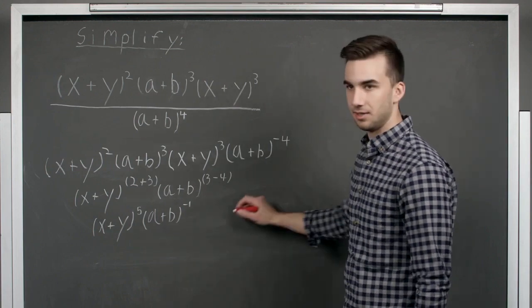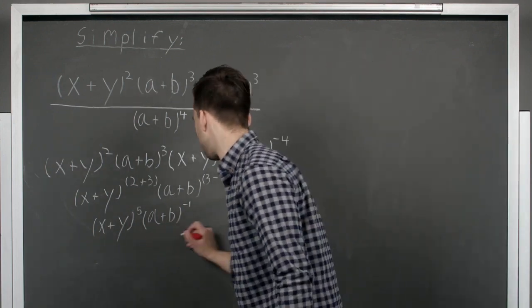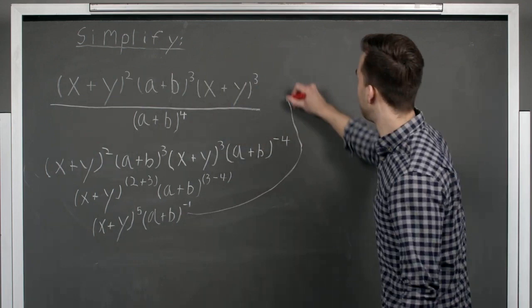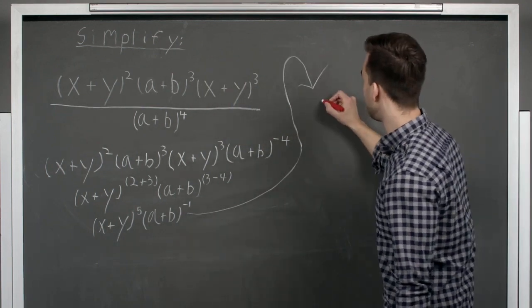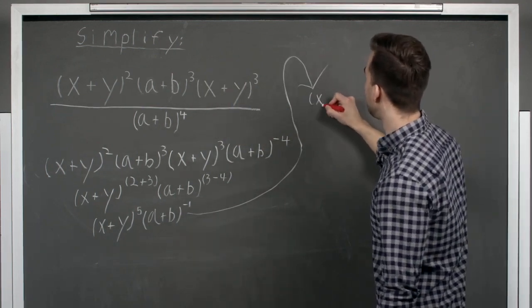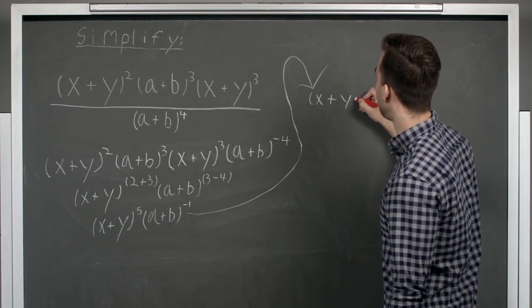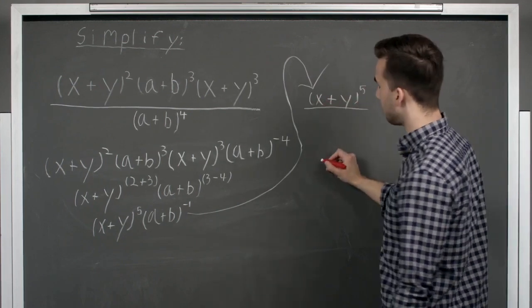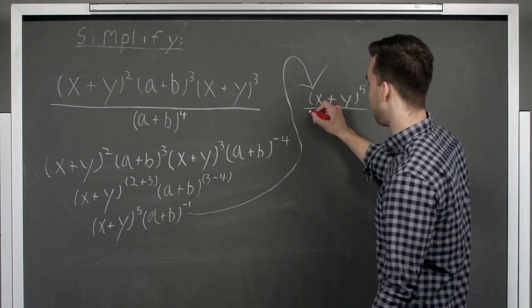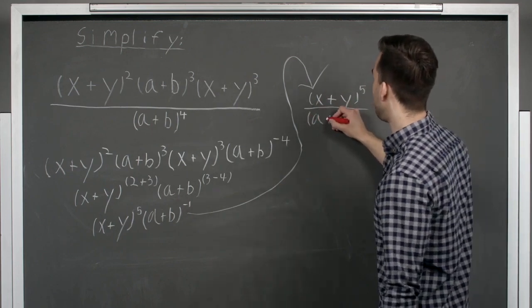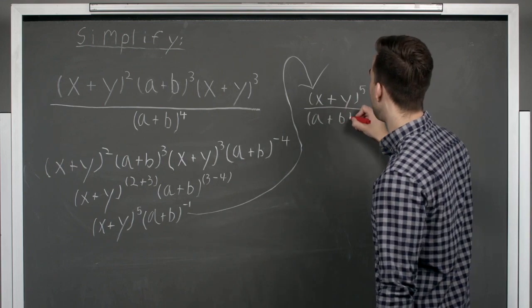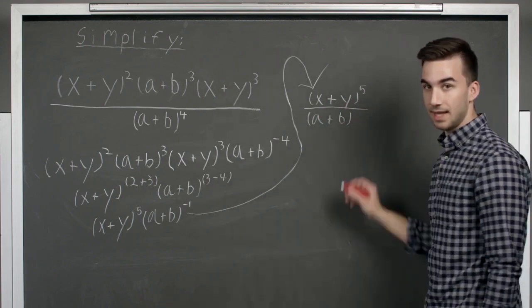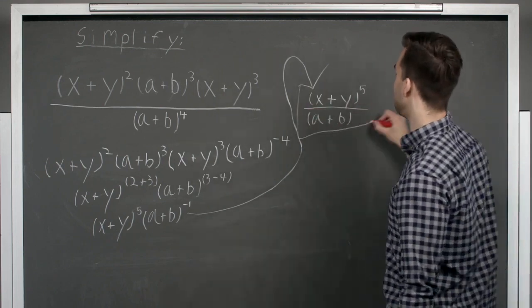I'm going to bring it up here actually. (x + y) to the power of 5 over (a + b) to the power of 1. And this is our final solution for this example.